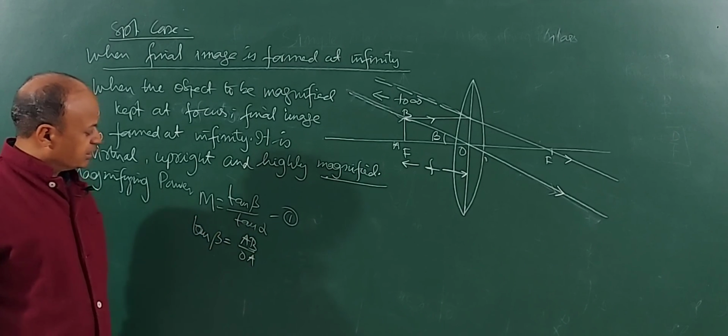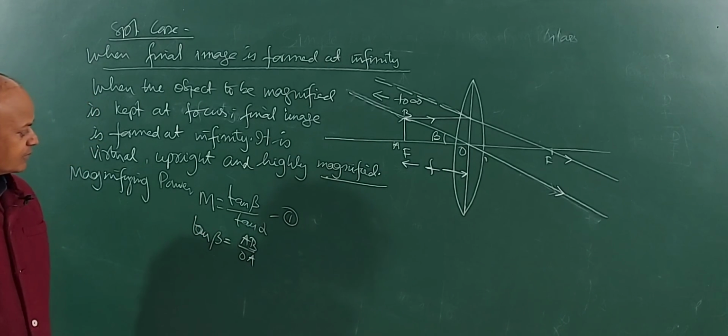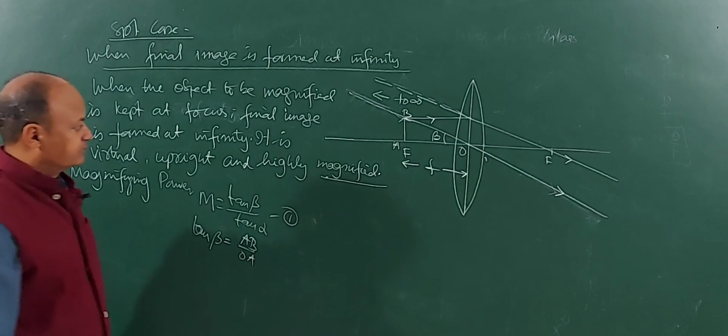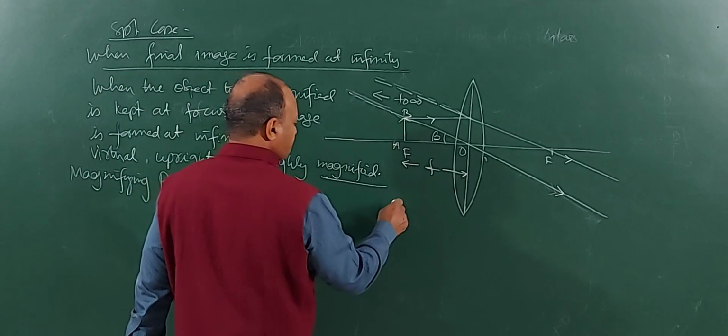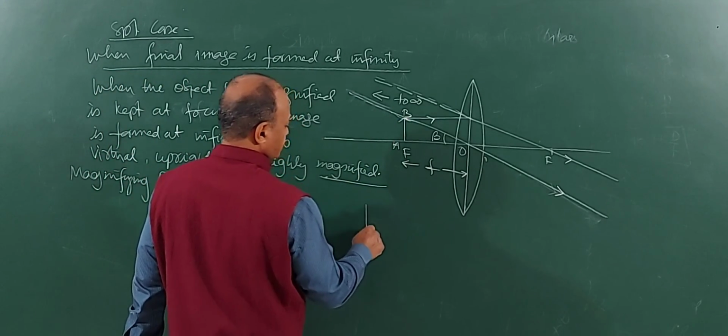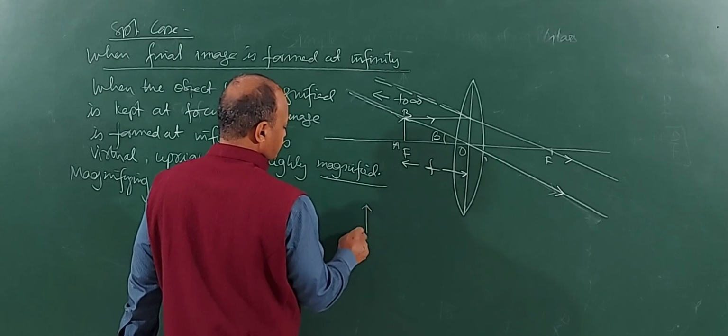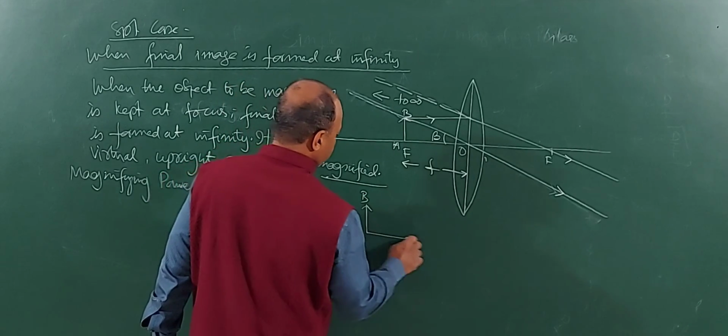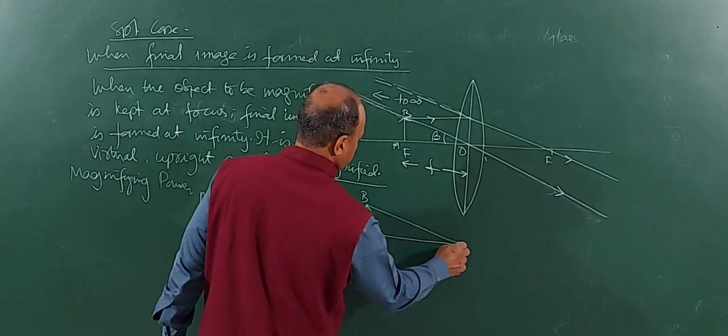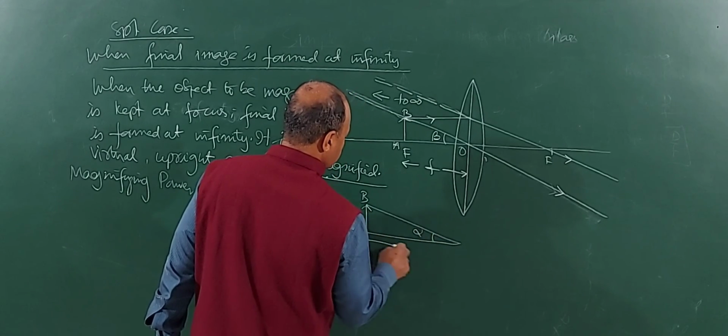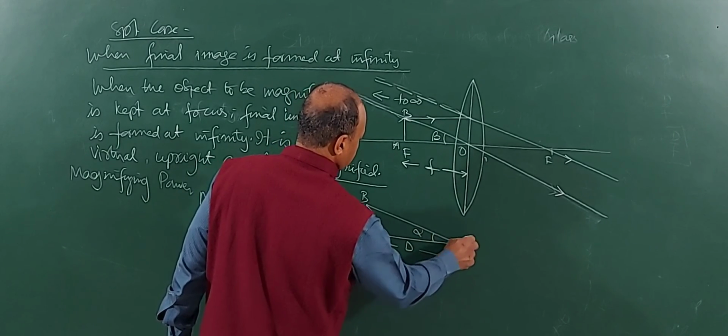Now we have to calculate how much is tan alpha. I place the same object EB now at what distance? At least distance of distinct vision, and you are watching from here.